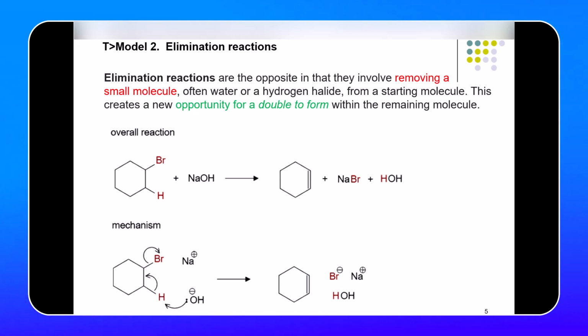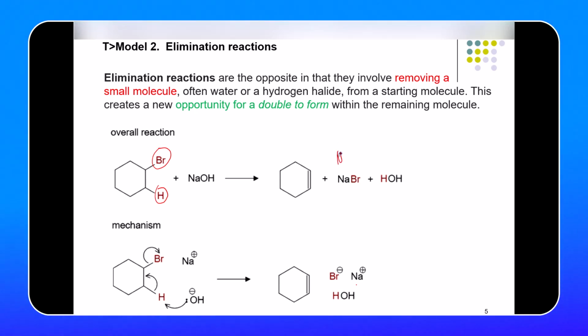So in our example of the overall reaction, you can see that we've got a hydrogen and a bromine. Now the reaction involves reacting this with sodium hydroxide. Ultimately, the H and the Br will be removed. And in a way, you could say, well, HBr will form, except it's not exactly as straightforward as that.